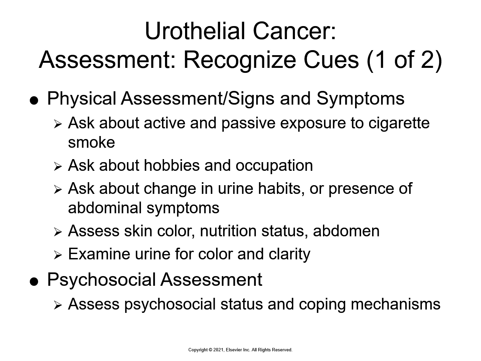Check their skin color, their nutrition status, and their abdomen. You want to make sure that you are looking at their abdomen for any asymmetry or anything that looks like it's bulging, or if there's a knot or something that you can see or feel. And of course, examine the urine for color and clarity.